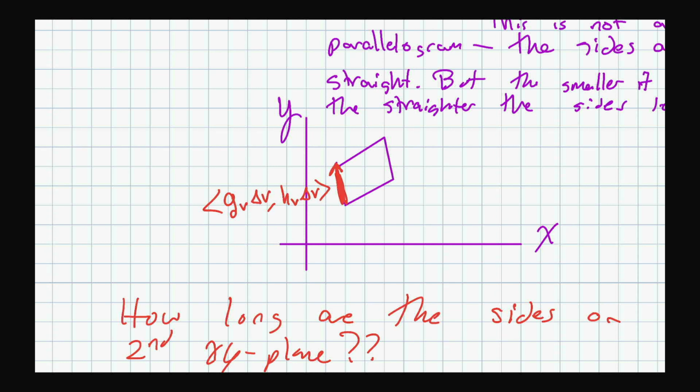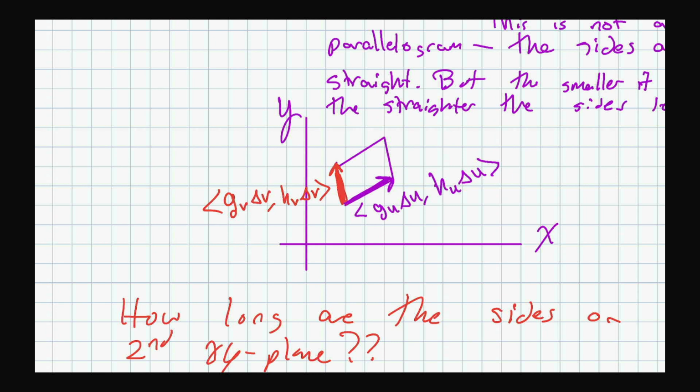Okay, and then if you do the other side, like this side, that one would be the derivative of g with respect to u, delta u, derivative of h with respect to u, delta u. I didn't do the math to derive that, but that's what it would be.